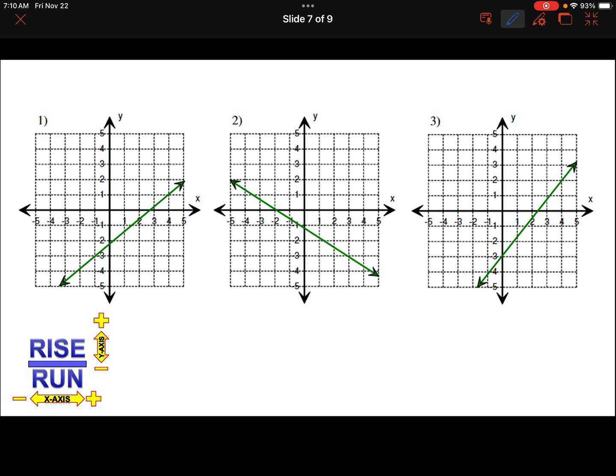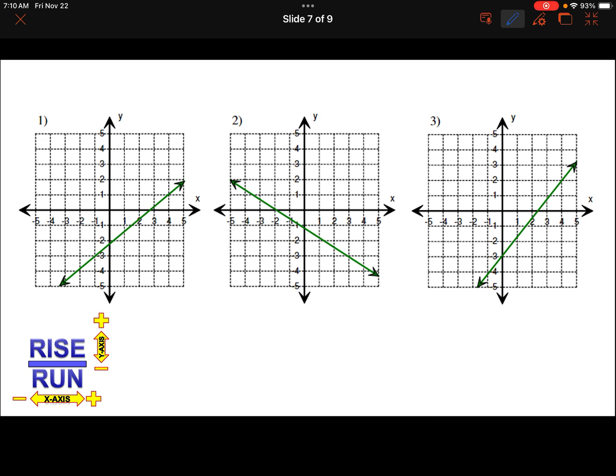What it means you're going to do is pick some points. You can pick any points you would like. Just remember, you got to have 2. And if you're going to have to count rise and run, why not pick 2 easy points to get there for the rise and the run?